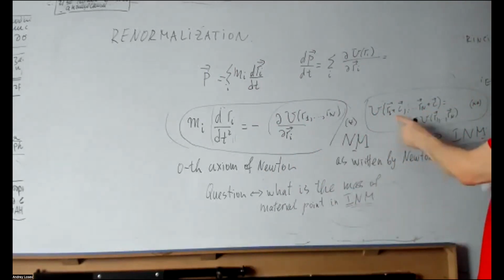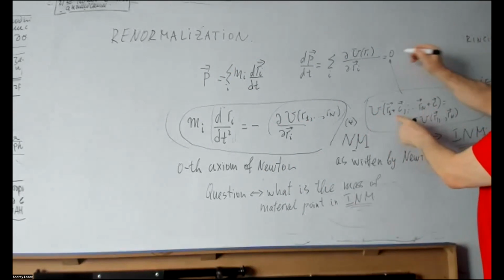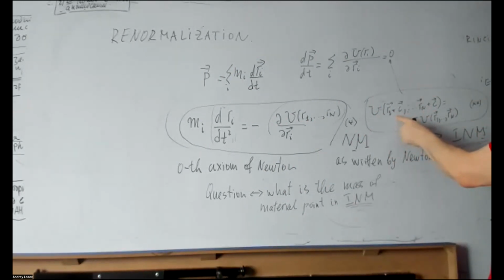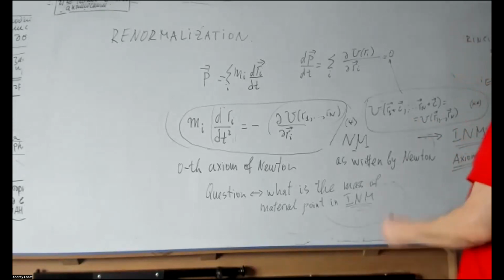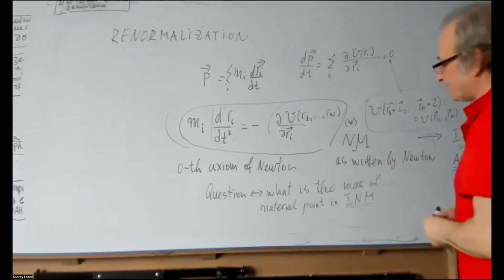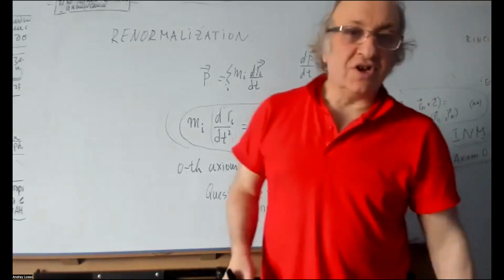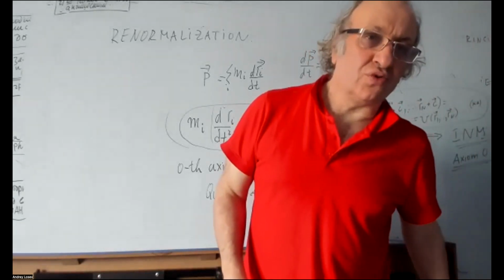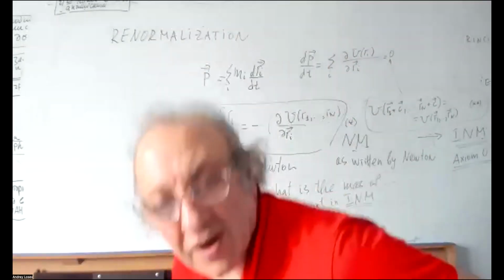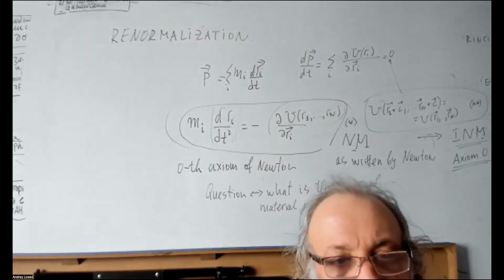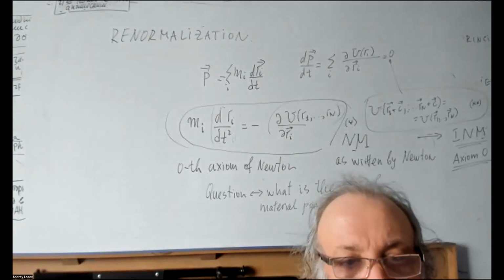That is 0 because of this. So star and two stars is called improved Newtonian mechanics. However, just to write improved Newtonian mechanics, I need to have axiom 0 about material point.